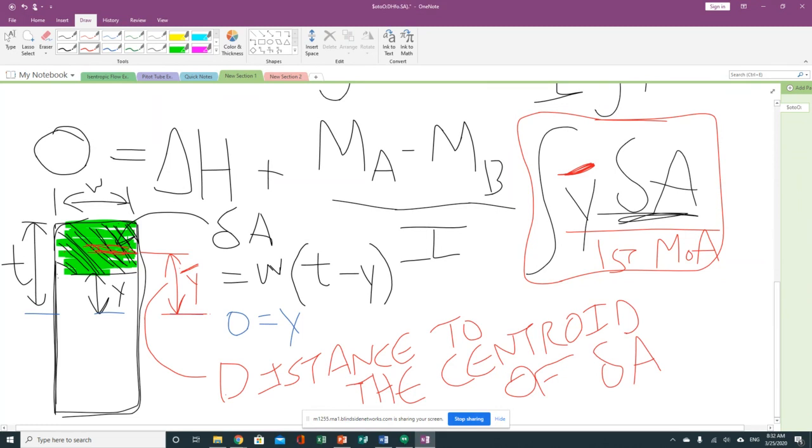If I wanted to express y bar as a function of y and t, how would I do that? Y is this coordinate here and t is this coordinate here. Would it be 1/2 of t?